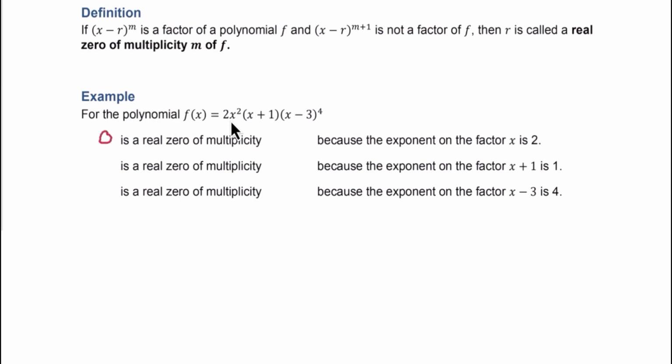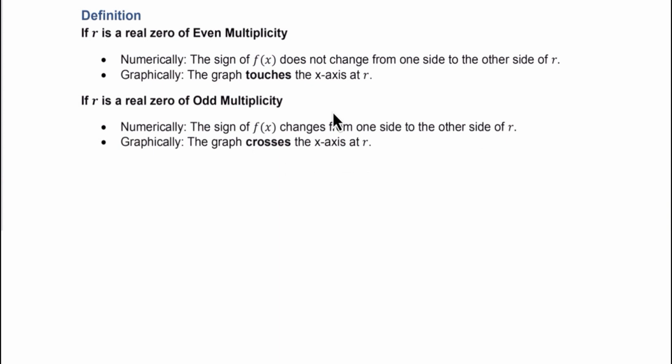It's a real zero of multiplicity 2 because of the power on that x. Then the next 0 is -1. It has a multiplicity of 1. We don't see the exponent here, but there's an understood 1 there. It has a multiplicity of 1. And then the last 0 is 3. It has a multiplicity of 4 because the power on that factor is 4.